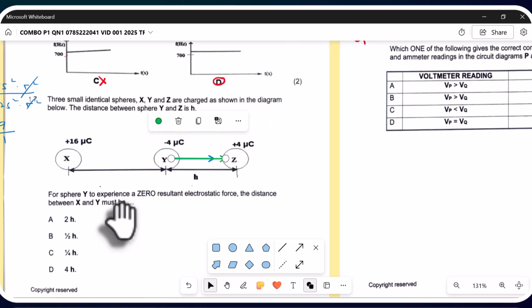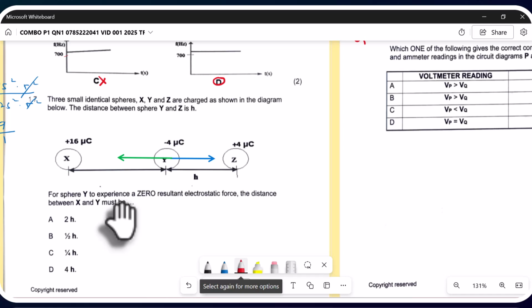So I'm going to say that the force of attraction on sphere Y by Z should be equal to the force of attraction on sphere Y by X. We know from Coulomb's law that this force is given by K times the charge on sphere Y, that is Qy, times the charge on sphere X, that is Qx, divided by the distance from X to Y, which I'm going to call d squared.